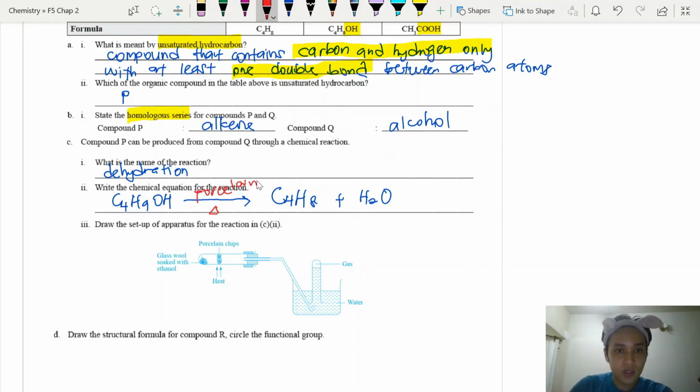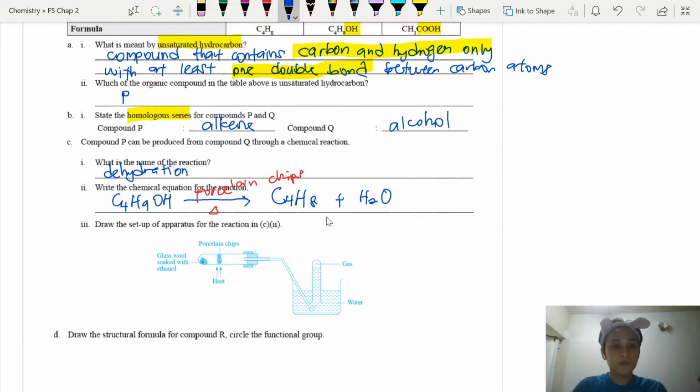In this case we are using porcelain chips. That is how you write the chemical equation. Of course you need to check whether your equation is balanced. In this case it's already balanced.